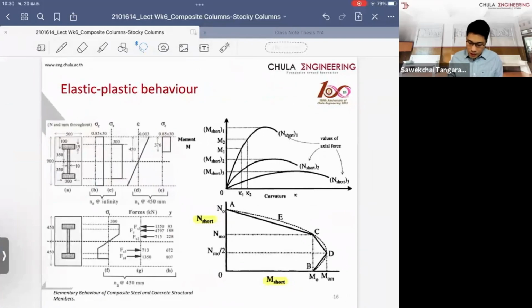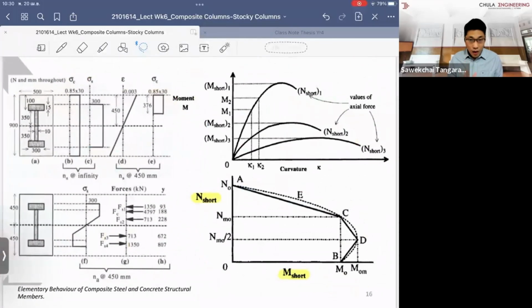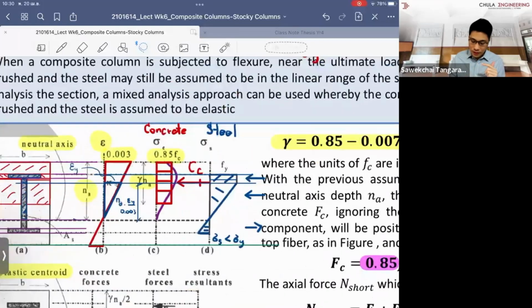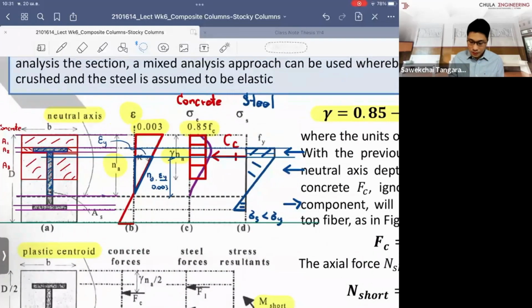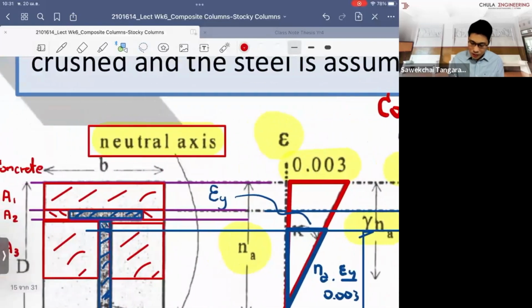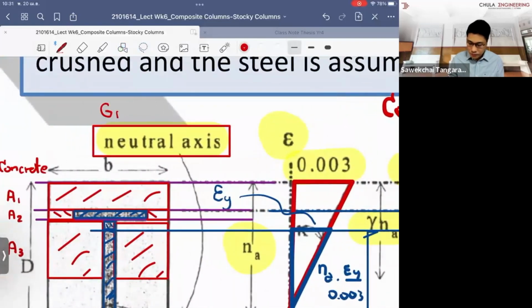What this diagram is trying to say is this: if I fix the neutral axis, because this has been given. Normally, the neutral axis has to be given in our calculation.